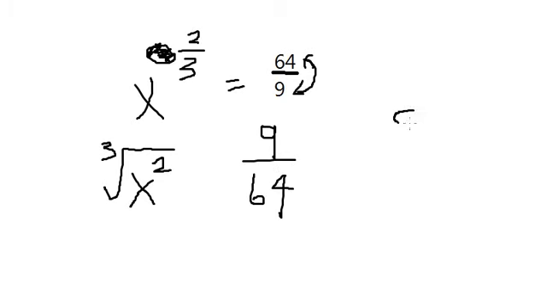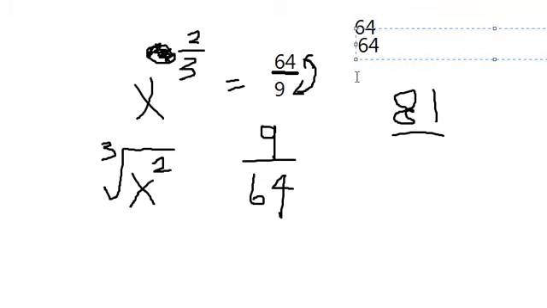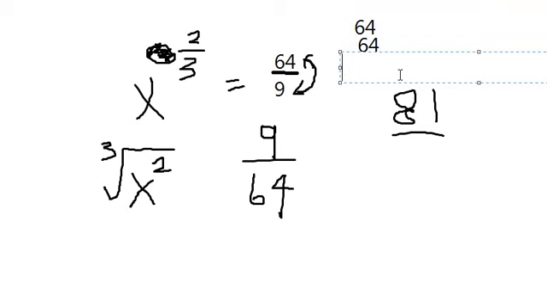So 9 times 9, 81, over that squared is, I don't even know, joy. That is so fun, isn't it? 64 times 64. I'm going to do a straight multiplication here, so bear with.